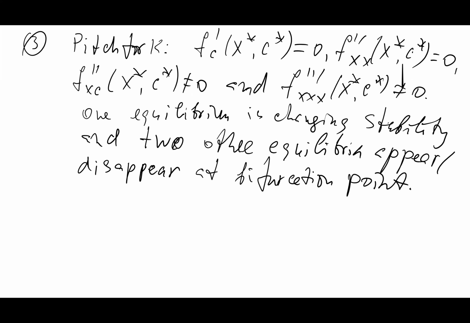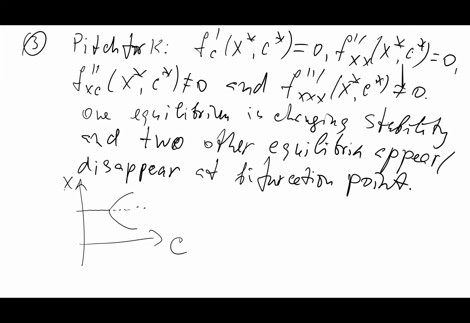And furthermore, the two other equilibria which appear or disappear have the same stability, and their stability is opposite to the stability of the one which always exists. So one example is like this. It was a stable equilibrium, then it became unstable, and two new appeared, and they both are stable. So let's put it like this. This is parameter c, this is variable x, and this is the bifurcation diagram in this case.